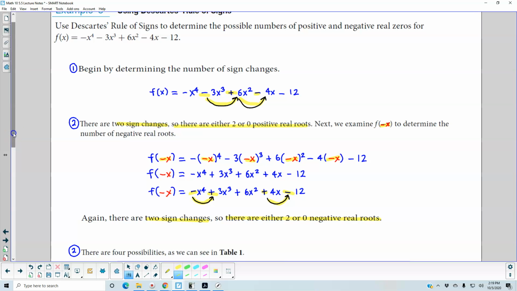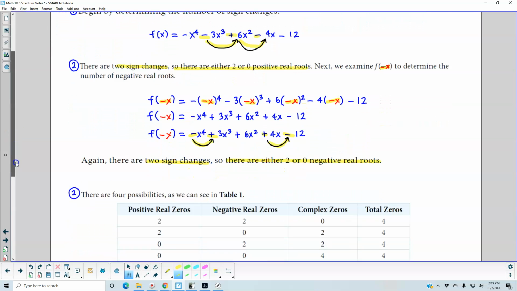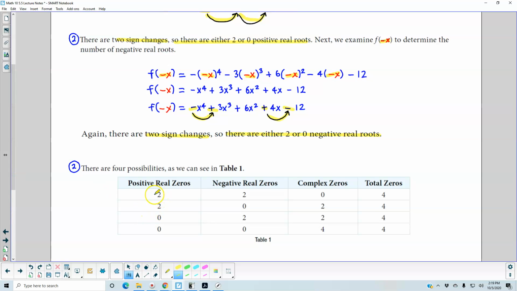Okay, now we can put this in a chart. It's possible that we have 2 positive real zeros, 2 negative real zeros, and 0 complex zeros, which gives us 4 total. Another scenario is that we have 2 positive real zeros, 0 negative real zeros, and 2 complex zeros, which gives us 4 total zeros.